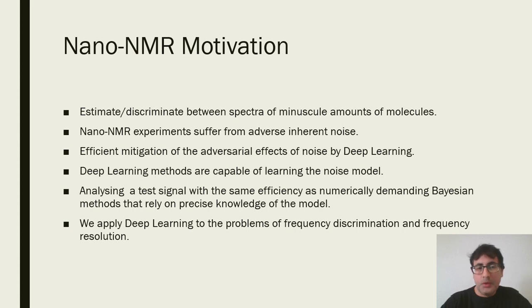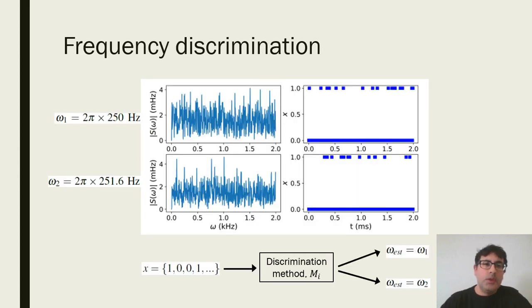We consider in this work two problems, frequency discrimination and frequency resolution. In frequency discrimination, we have a signal that could be of either one of two frequencies, omega 1 or omega 2, that we measure. In the figure, we see measurement results obtained by a single NV on artificial signals of two frequencies.